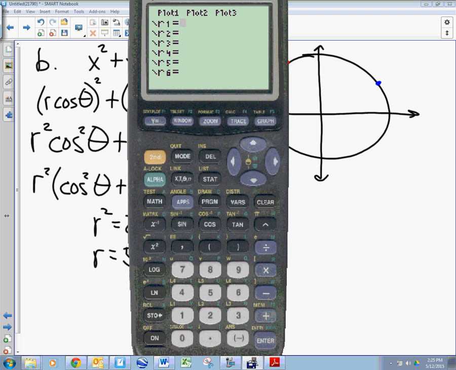For example, try this one. How about we do 8 cosine of 3 theta. You like that? It's the same spot as the X spot.